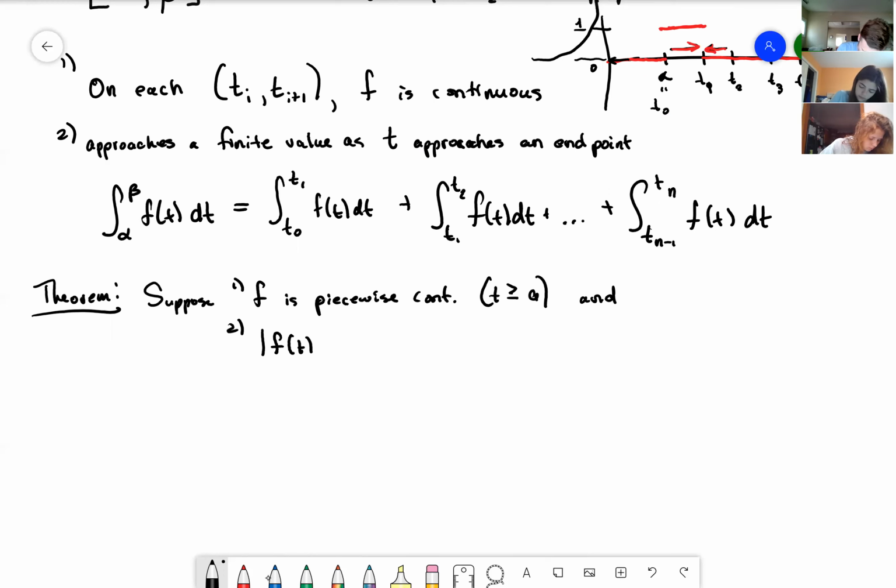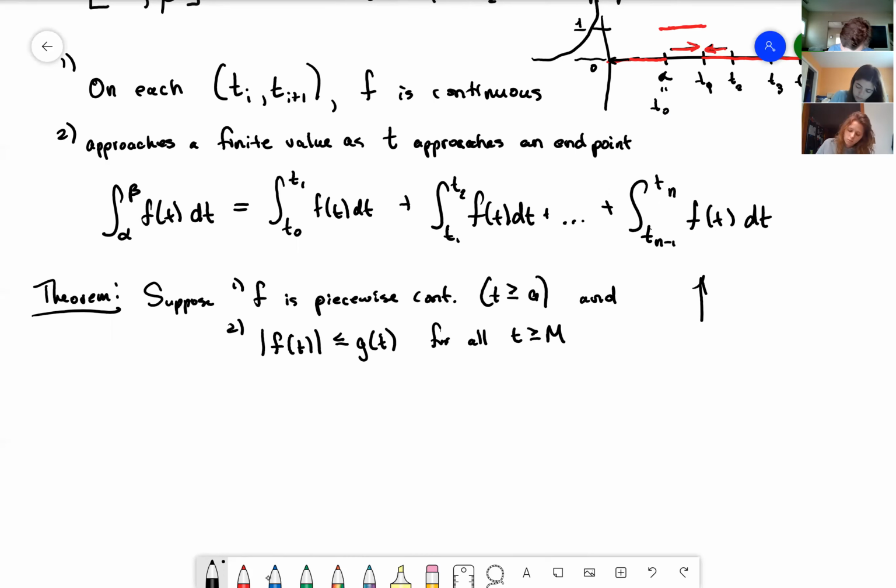And the absolute value of f at a particular input t is bounded below by g of t for all t greater than some m. So once we get past a certain point, the absolute value of the function is always bounded below.